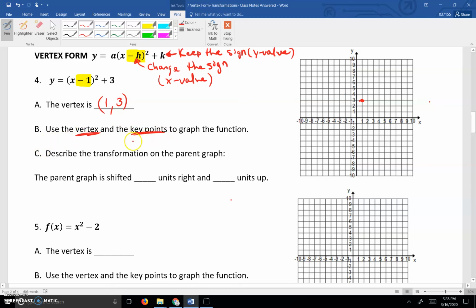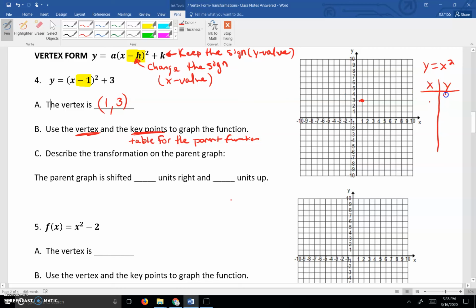By key points, we mean the table for the parent function. So if you remember, our parent function was y equals x squared. So I'm going to write that table now.